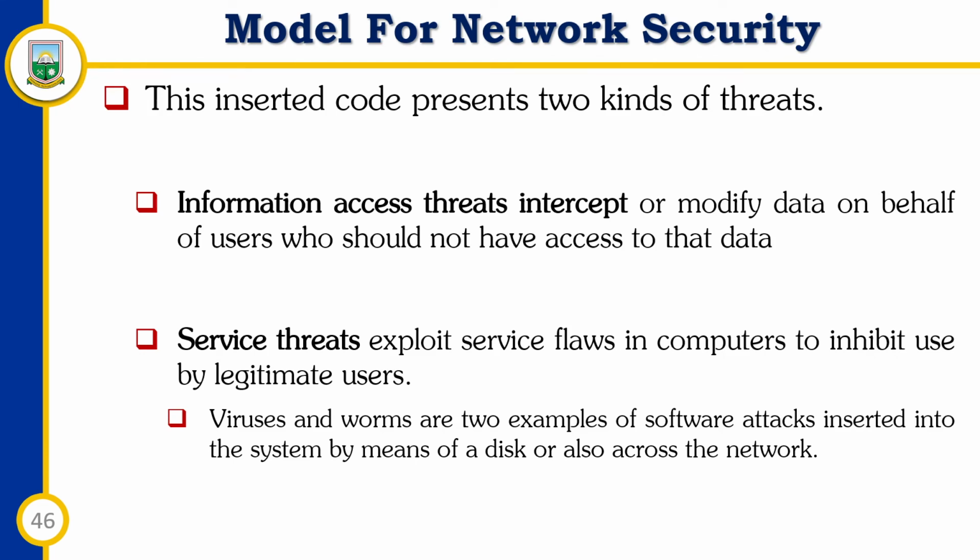Viruses and worms are two major examples of software attacks, which are normally inserted into systems by means of disks or across the network. These are ways that you can have some of these service threats introduced into a system.